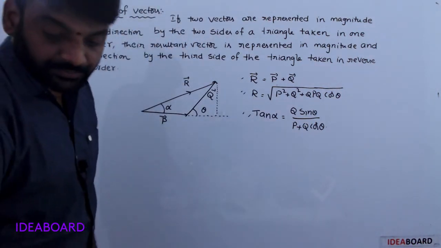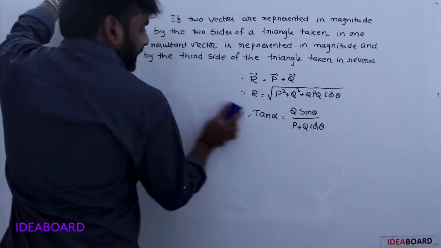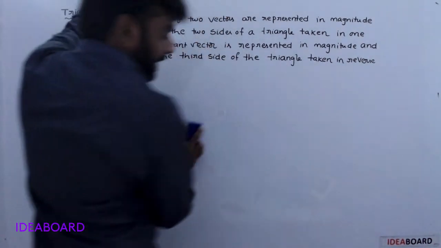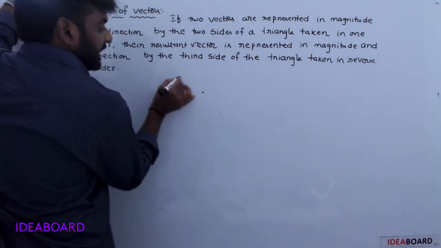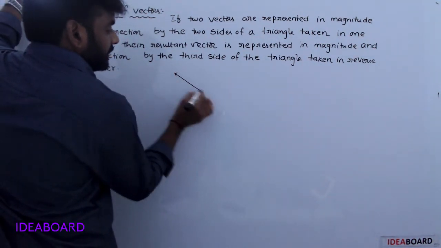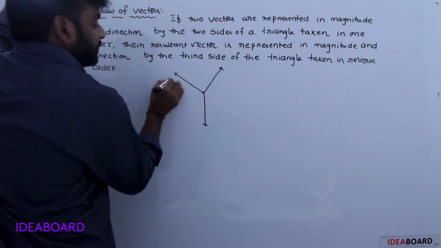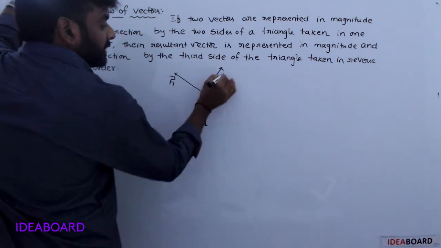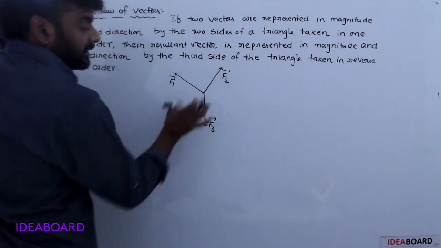For example, three forces acting on a particle. This is F1 bar, this is F2 bar, this one is F3 bar.